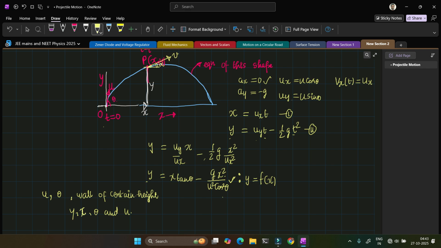For example, given a wall of a certain height, at what angle should an object be thrown from the point of projection? We can calculate that using this equation. Hopefully you have understood how we arrive at this equation.